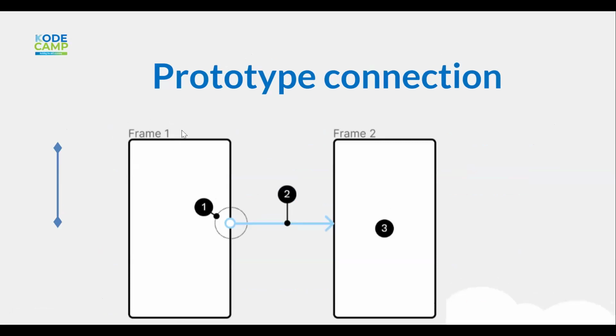So this is your frame one, and this is your frame two. When we get to Figma, we'll do a practical example, but for now we are just assuming that this first one is our hotspot. You want to connect this screen to this screen, so that your users from frame one land on frame two. This one here is our hotspot.